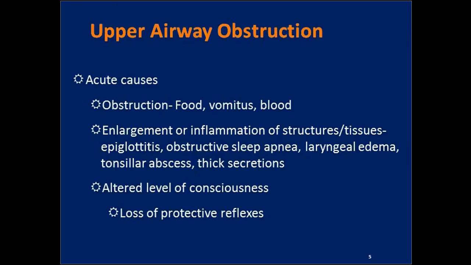Sleep apnea is a very common cause of airway obstruction. Upper airway meaning everything above the upper structures, the larynx, the glottis, and then the upper parts of the head. Tonsils, thick, heavy secretions, copious secretions, obviously can block the upper airway.